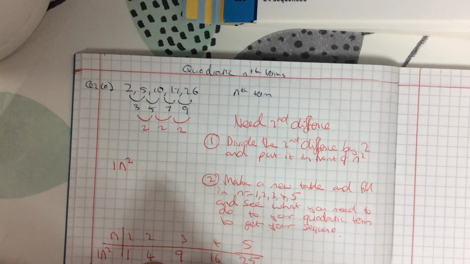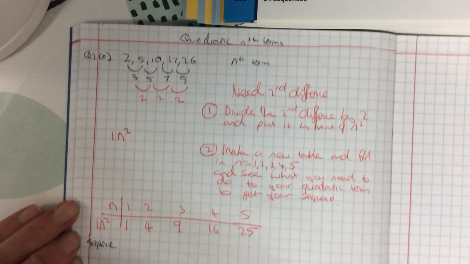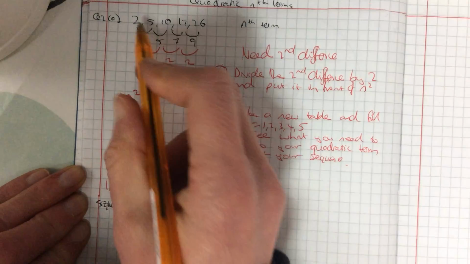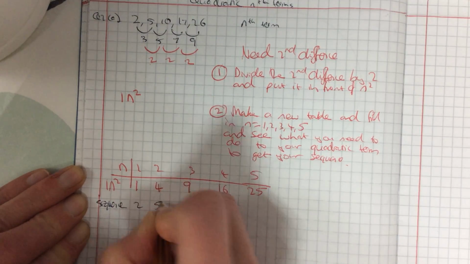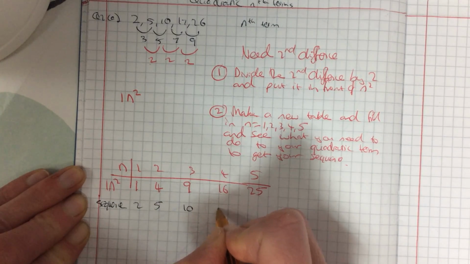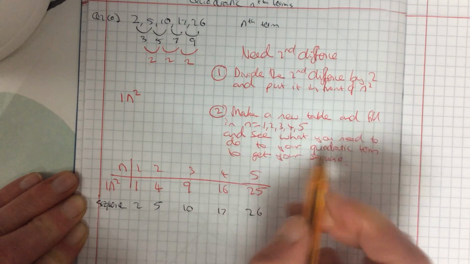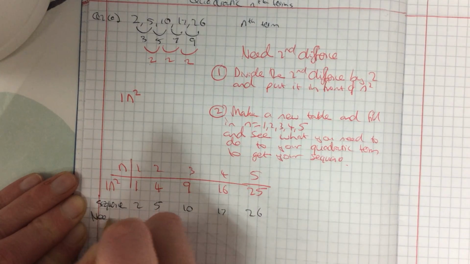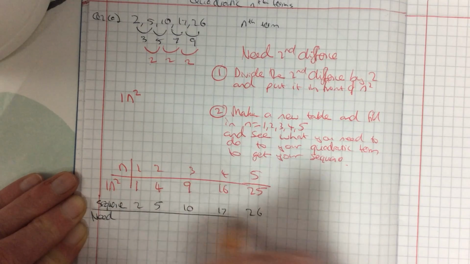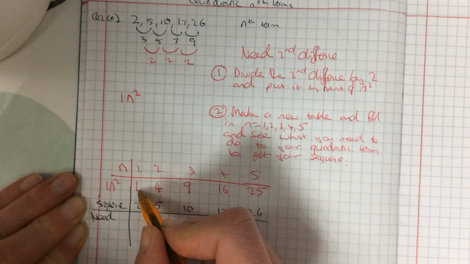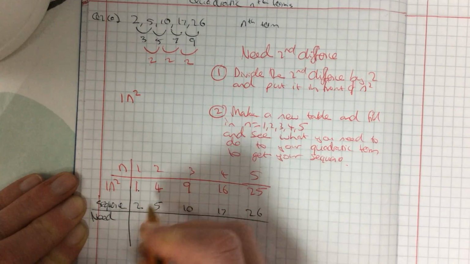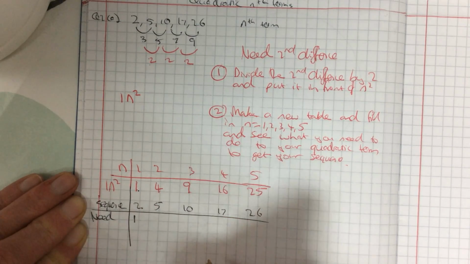Now, your sequence, just changing the colour of my pen here, your sequence is 2, 5, 10, 17, 26. And see what you need. So what do you need? You have a 1, you want it to be 2, you need an extra 1.